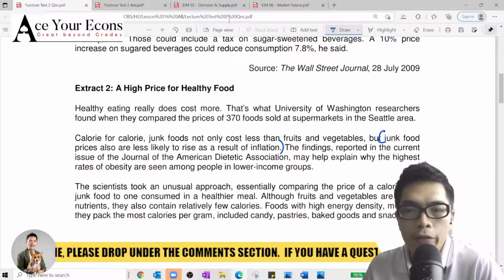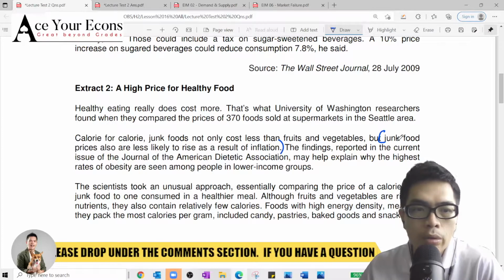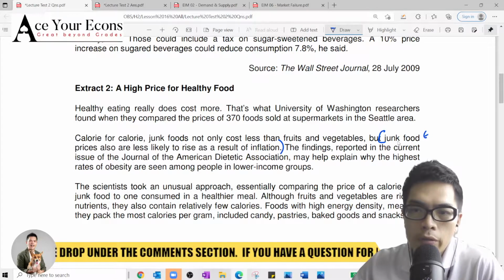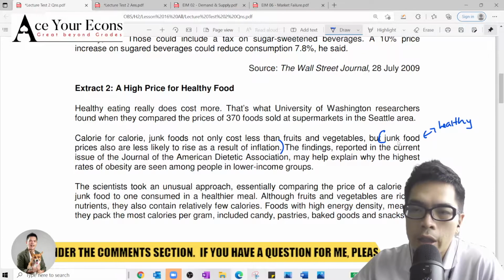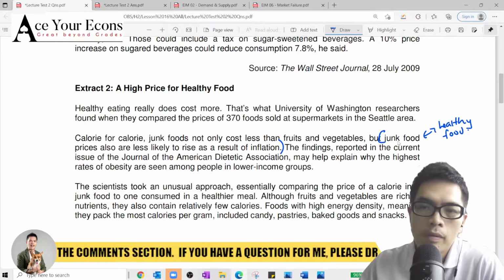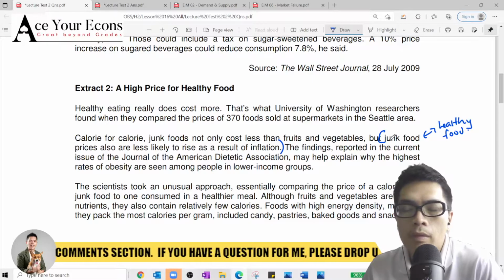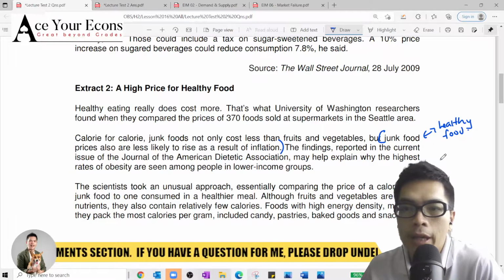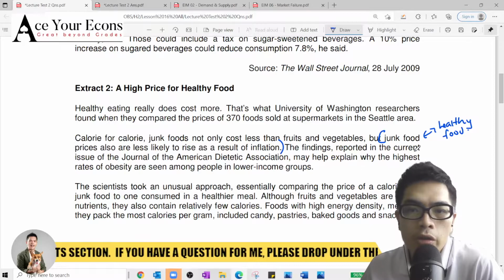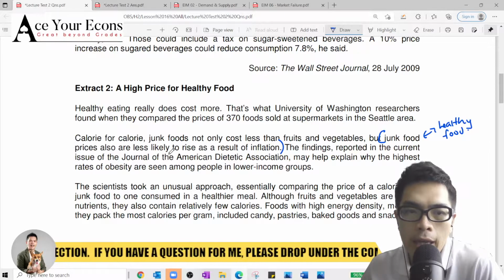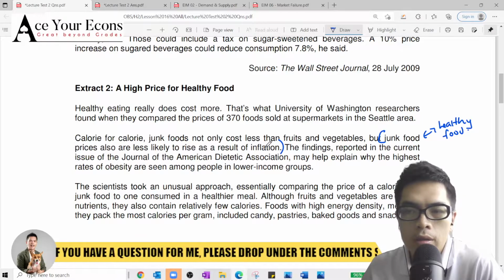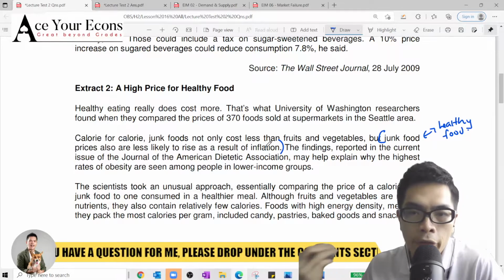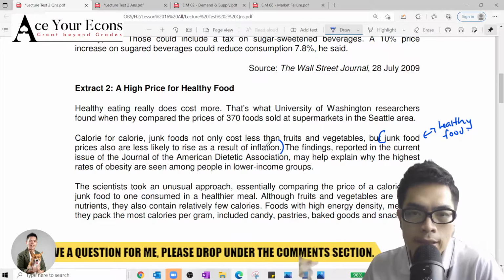You have to relate this to healthy food. What is the relationship between junk food and healthy food? The relationship is they are both substitutes. If junk foods are less likely to rise as a result of inflation, it means that healthy food is more susceptible to inflation.